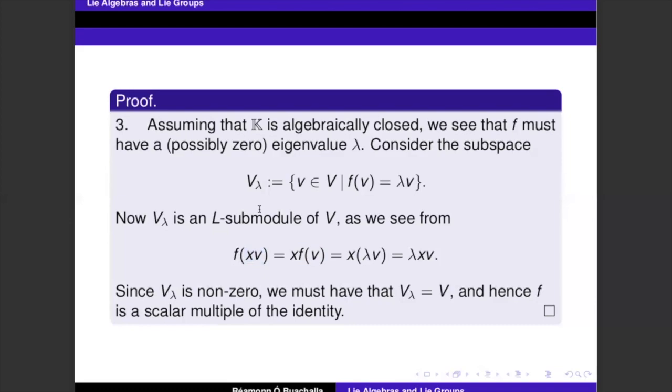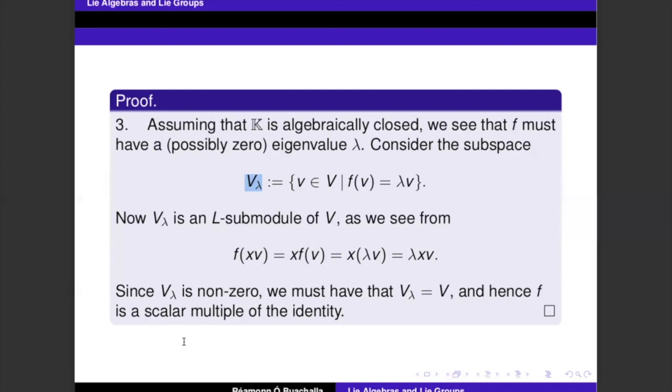We've shown that it's a submodule, therefore we have two options: 0 or the whole thing. This can't be 0 because there does actually exist an eigenvalue. So there does exist a non-zero element inside here satisfying this because our field is algebraically closed. Hence it can't be 0. Therefore it has to be the other choice, which is to say it has to be everything.